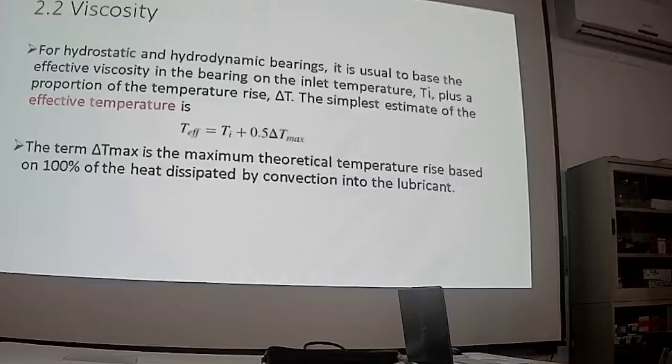We also know the viscosity will change with the effect of temperature rise. So this is the relationship between them. The effective temperature is the initial temperature plus 0.5 multiplied by delta T. Delta T is the maximum theoretical temperature rise, based on 100% of the heat being dissipated by convection into the lubricant.